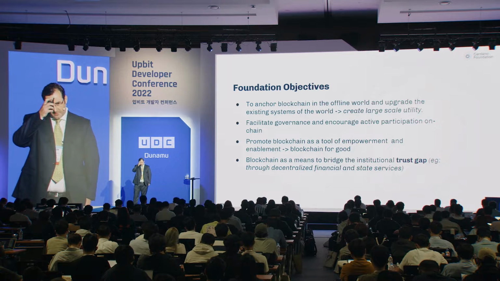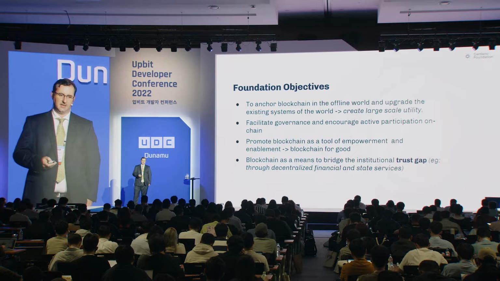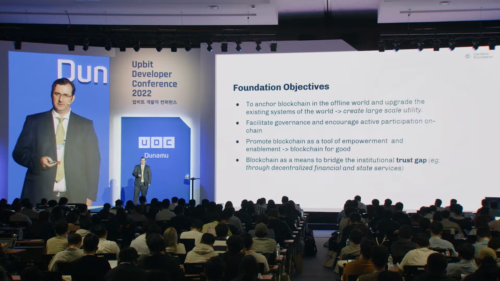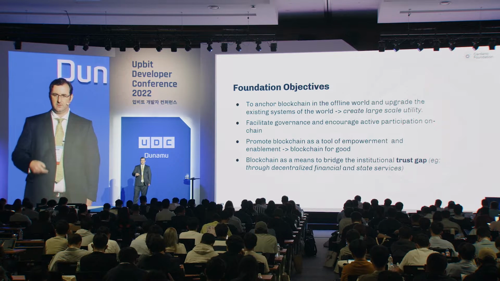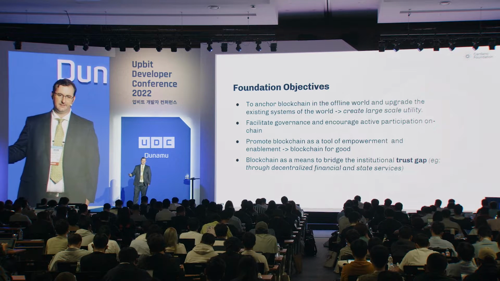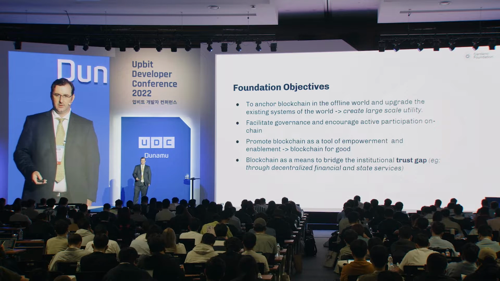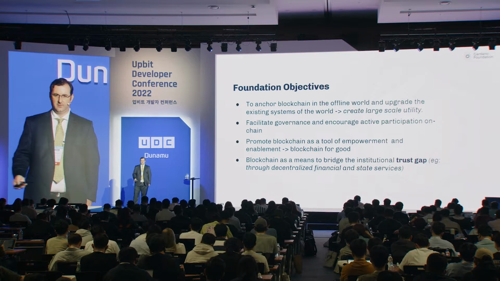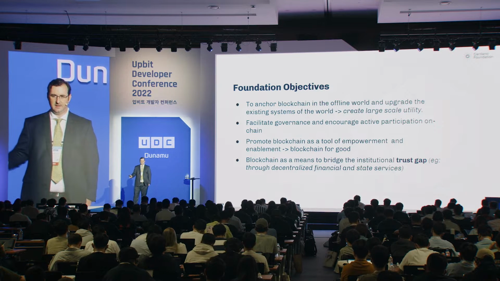So one of the things we have in our formal strategy, so we defined a formal strategy, and it's upgrading the systems of the world, right? And there's a lot of talk about, you know, Web 3 overtaking Web 2 and blah, blah, blah, but that's not realistic. We have coal factories in the world, we have nuclear power plants, we have all of these things that live in harmony together.